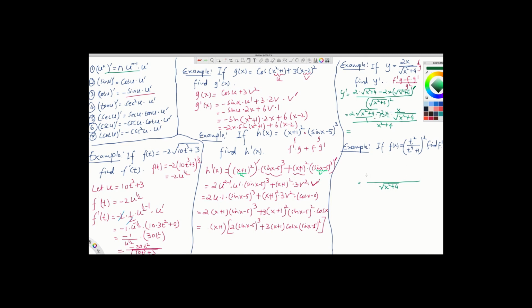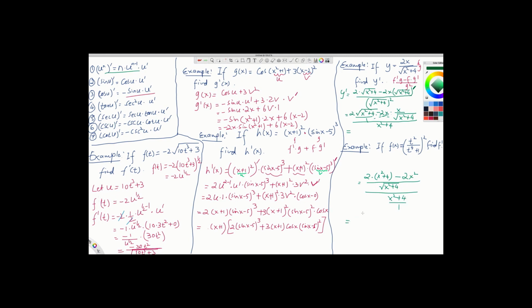So what do you get? 2 times root under x squared plus 4 times root under x squared plus 4 will be just x squared plus 4. That's what you get, okay? Minus 1 times 2x times x is 2x squared, whole divided by x squared plus 4, right? And then there is always 1 in the denominator of that, so I want to write it like this.